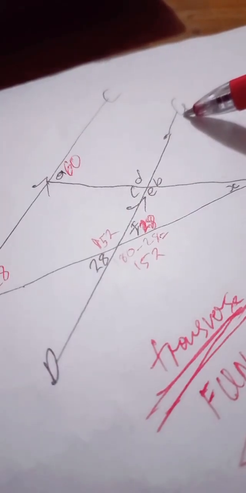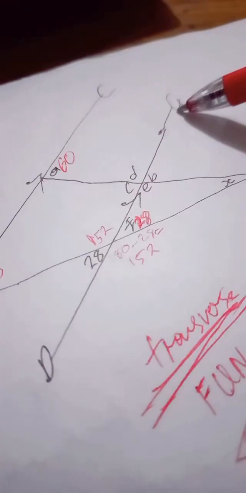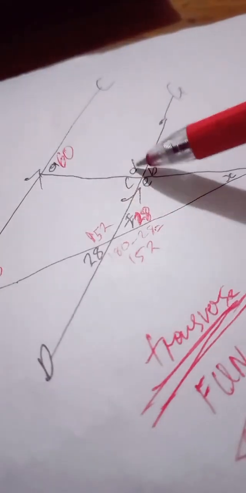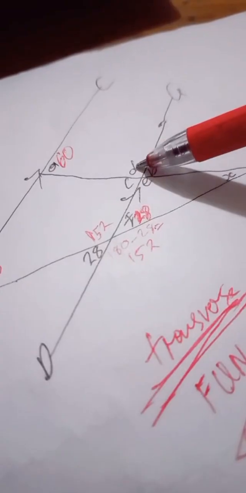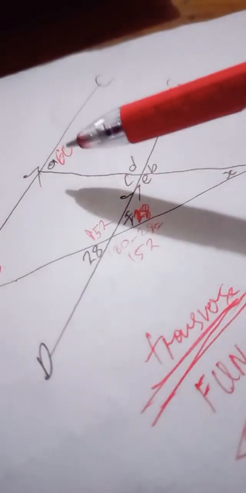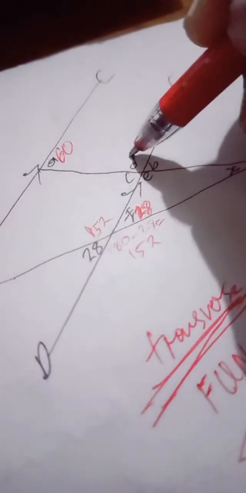now A and D, U. A plus D is 180. D and E vertically opposite, yes. Now we want D. D is going to give us 120.